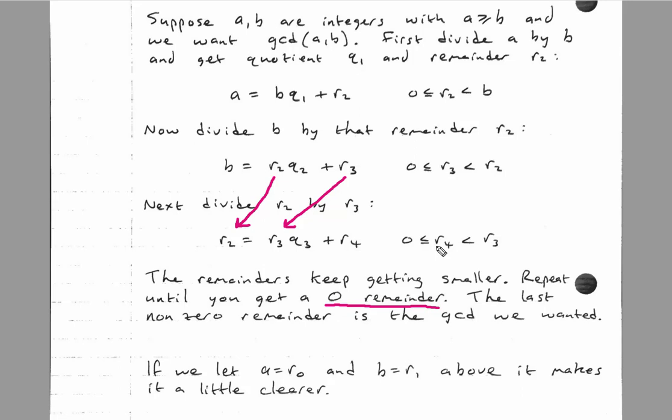These are integers, of course, so they can't keep getting closer to 0 without actually hitting 0. And the procedure says that the last non-zero remainder is the GCD we're looking for.